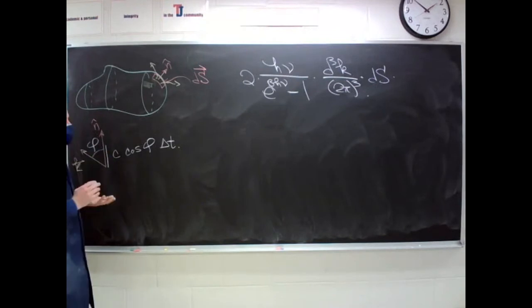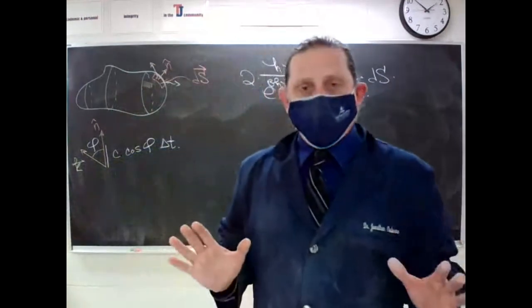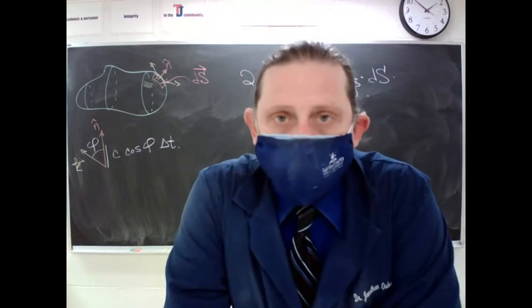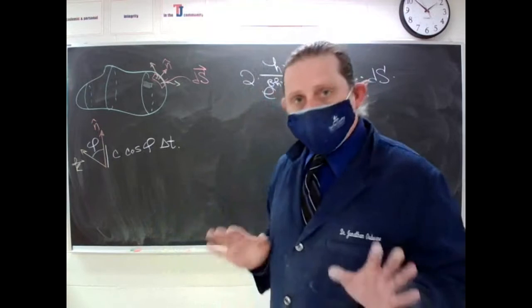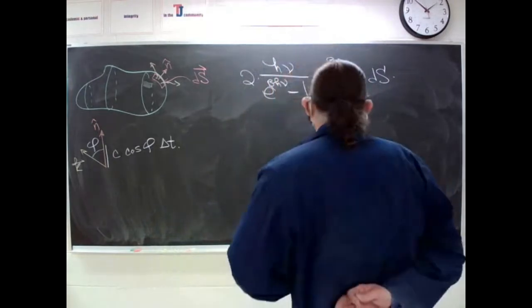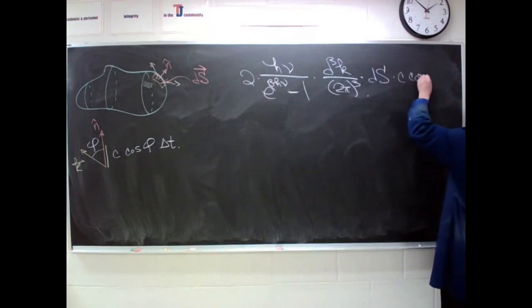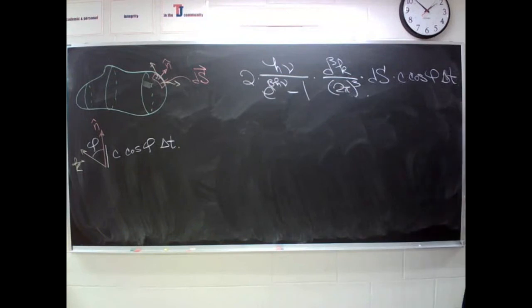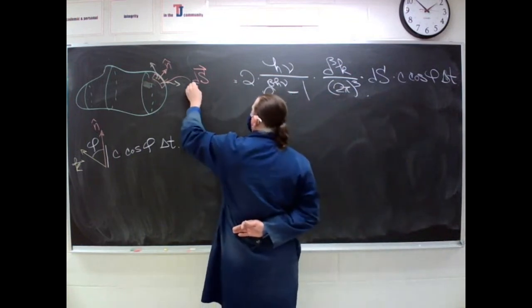It's going sort of at an angle. So I need it to be close enough so that its z component of velocity will get it to the surface in that short time delta t. So this is going to be c cosine phi delta t, and this is the energy that escapes in time delta t.